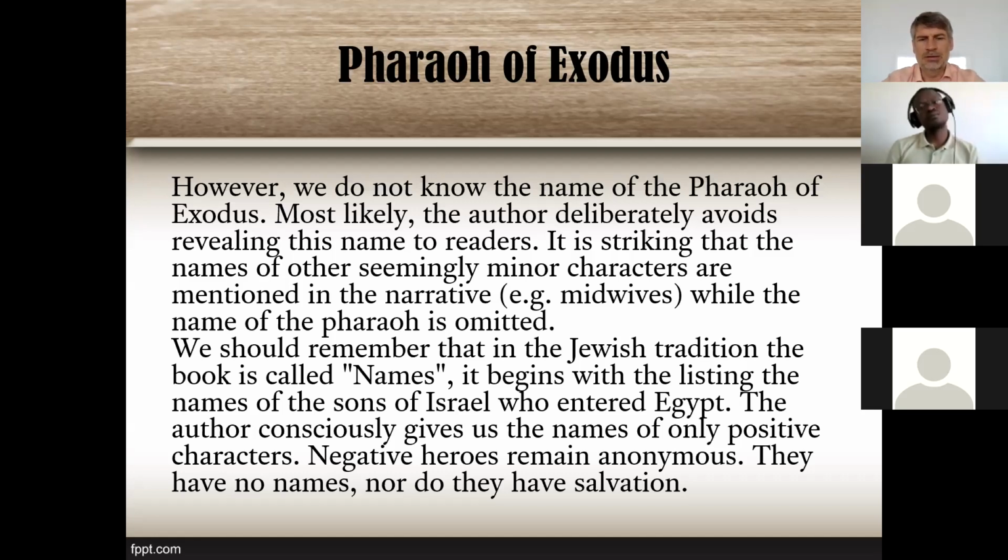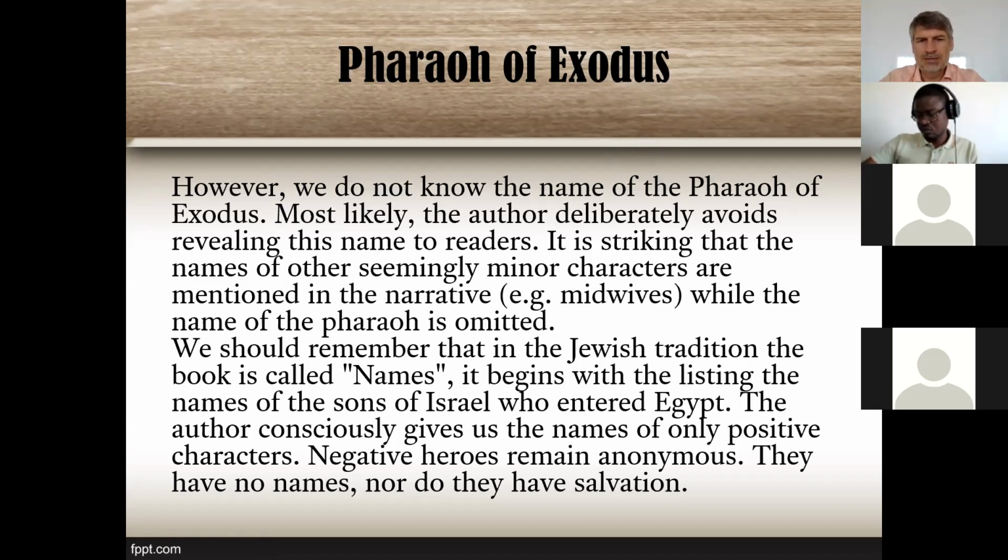And what is interesting, the Bible tells us the names of two midwives who helped Israelite women when they gave birth to their children. So the names of the midwives are mentioned in the book of Exodus, but the name of Pharaoh is not mentioned.